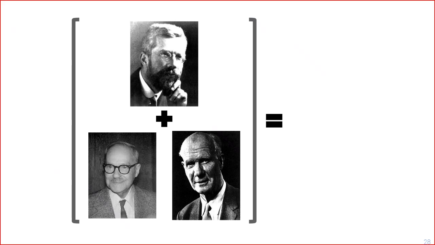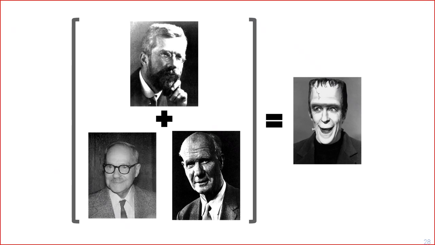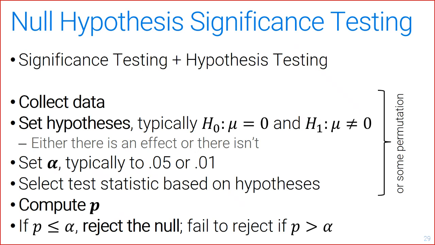And what we have is what we do nowadays, which is a mix of the two that doesn't make a lot of sense, but anyway, that's what we do. It's called null hypothesis significance testing. And the idea is essentially to put together the two, the significance testing of Fisher and the hypothesis testing of Neyman-Pearson. And this is what we do nowadays.